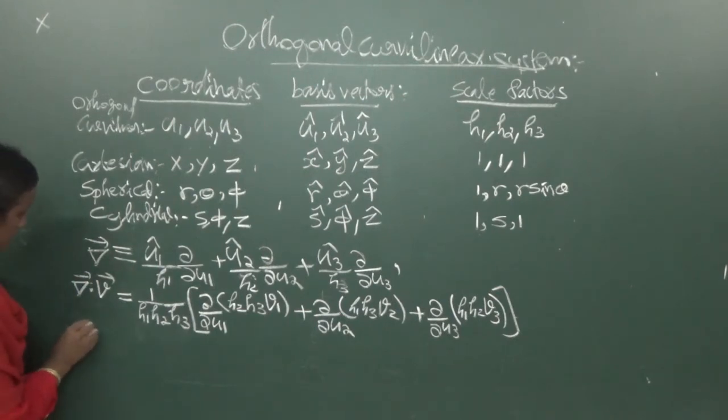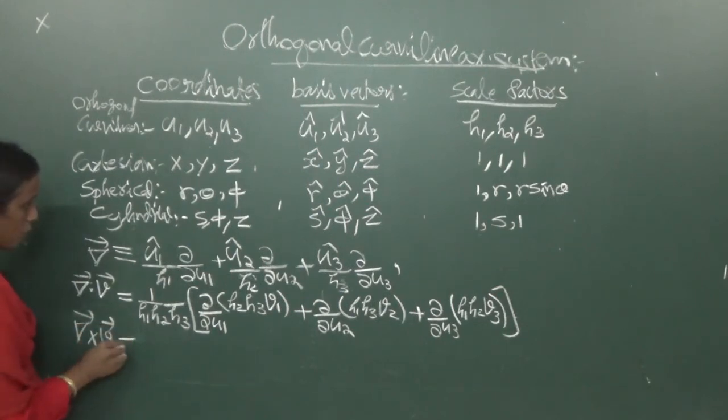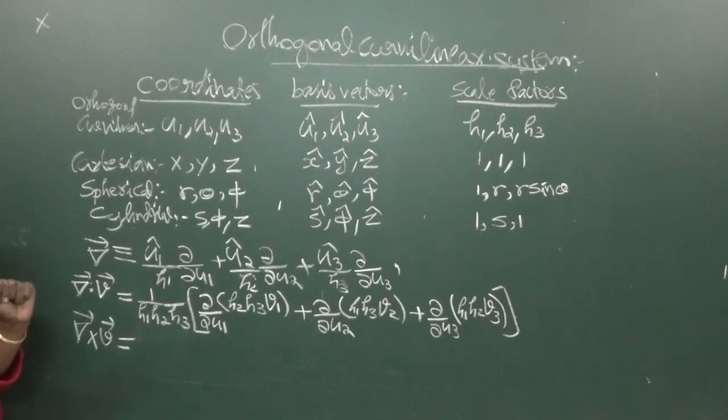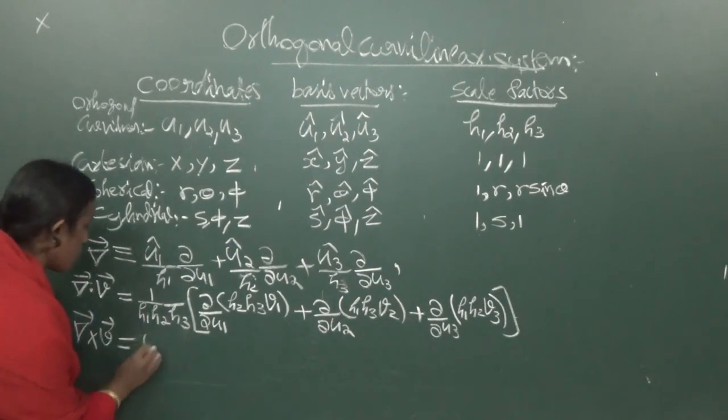Then I think I can write curl, del cross v. Here del cross v is u1 cap by h2, h3.